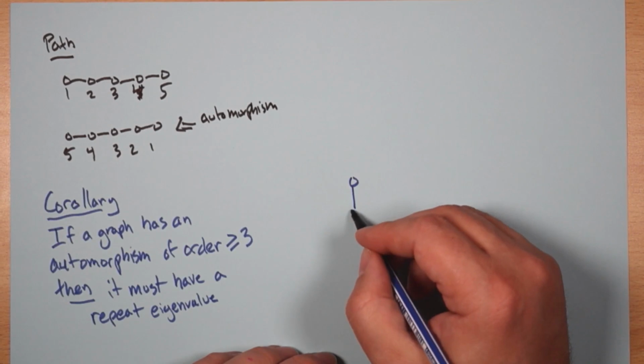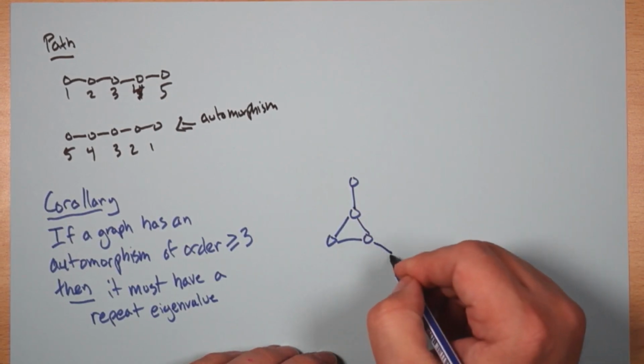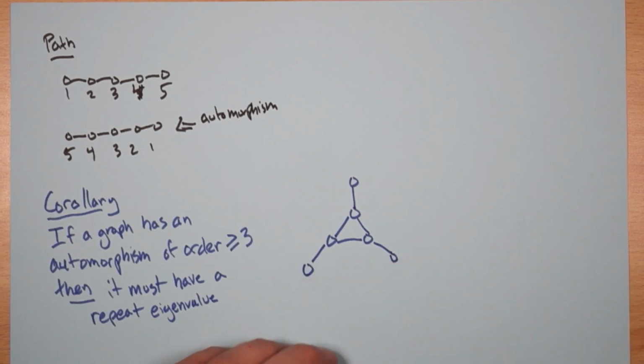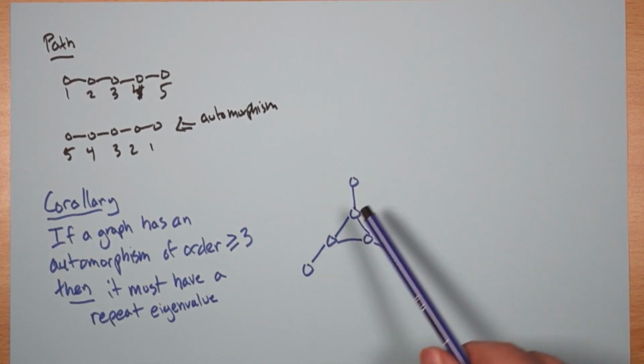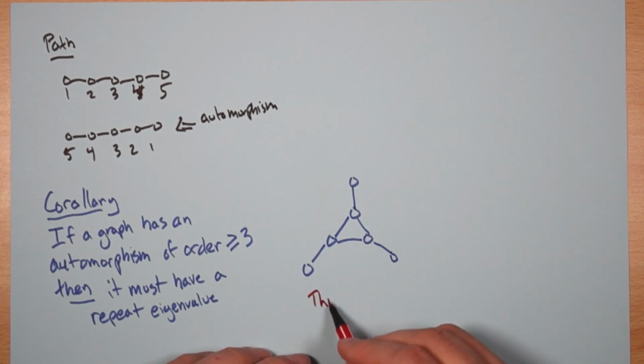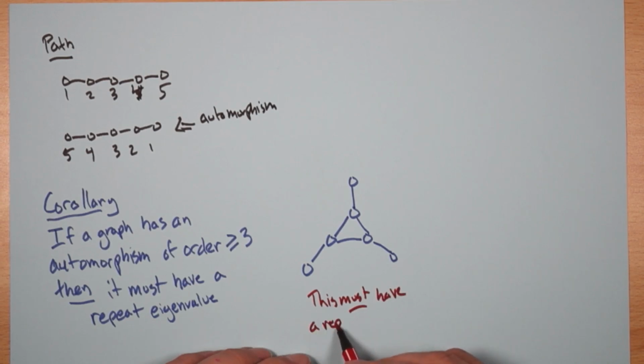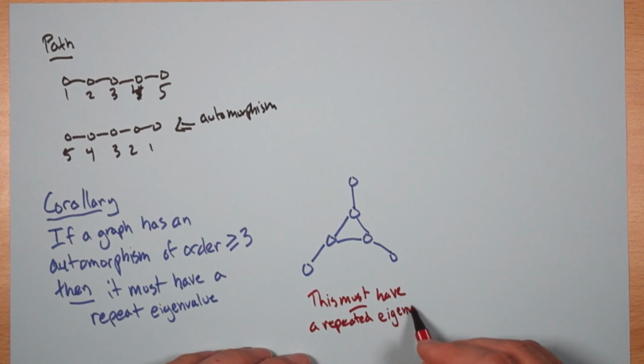And so, as one quick example, if we look at this graph right here, a triangle where you add a leaf onto each vertex, then our conclusion, without any work at all, is that this must have a repeated eigenvalue. Now, I don't know what it is, and I'm not claiming there are lots of them. I'm just saying there must be at least one.